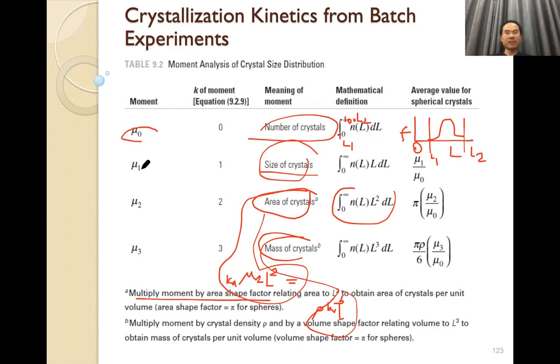Mu1 is total length or total size. Mu2 is the area, which is equal to Ka mu2 L squared equal to total area. And mu3 multiplied by rho Kv over 3 is the mass of crystal. For this case, you can obtain this from the batch crystallizer.